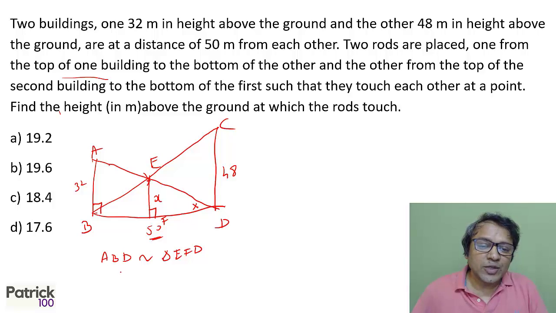So from that you should be able to make out that this whole length, let this be A and B length. So I'm using it with a 50, but 50 is not required.